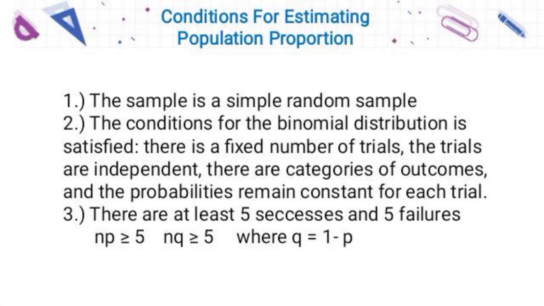The first thing you should know is the condition for estimating population proportion. Make sure each situation meets these conditions. Number 3 here will determine if the sample size is sufficiently large. If it is, we can apply the central limit theorem and we can use the normal distribution to model the sampling distribution for the sample proportions. Hence, we can use the Z-test.